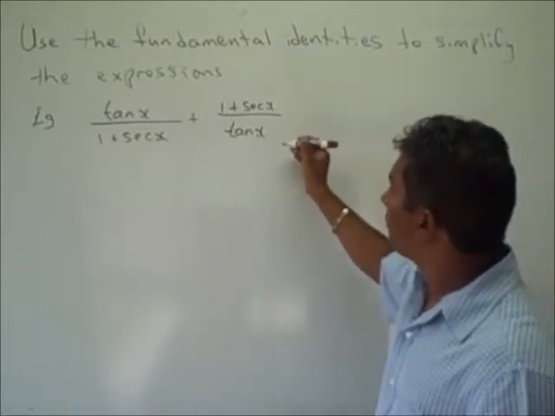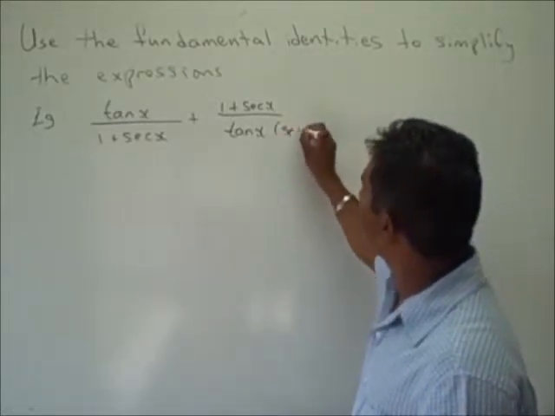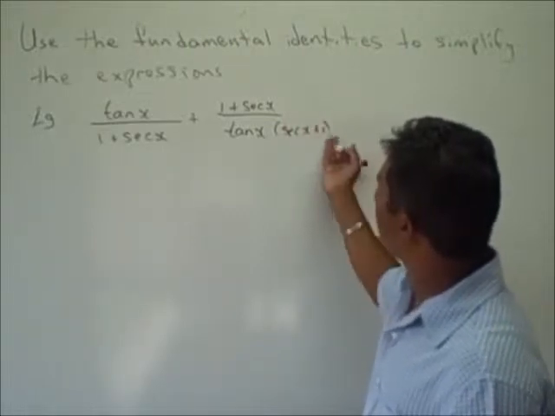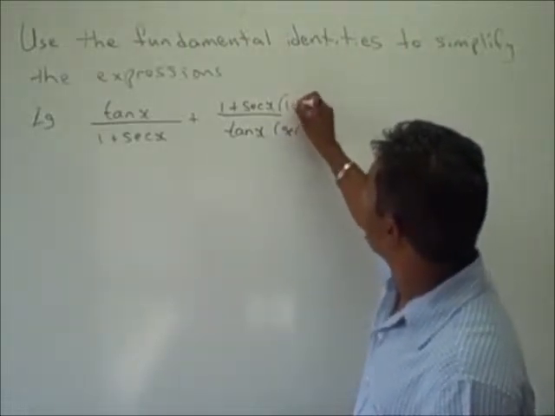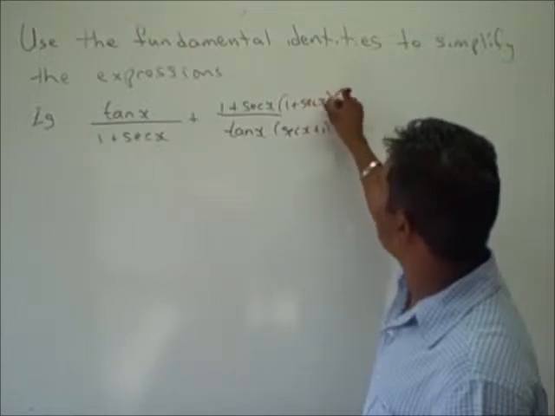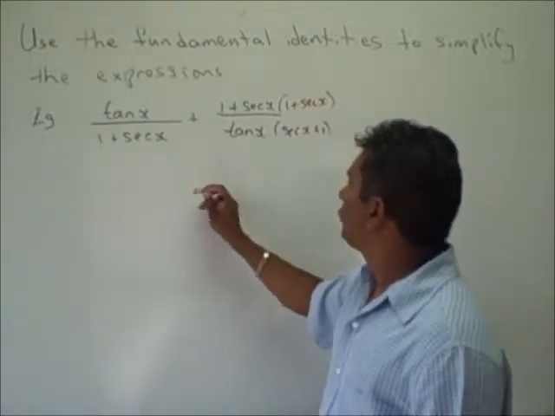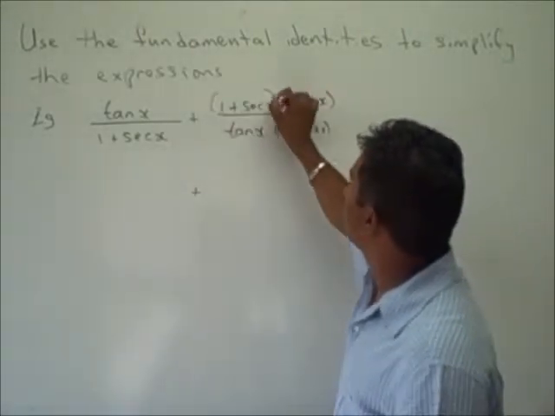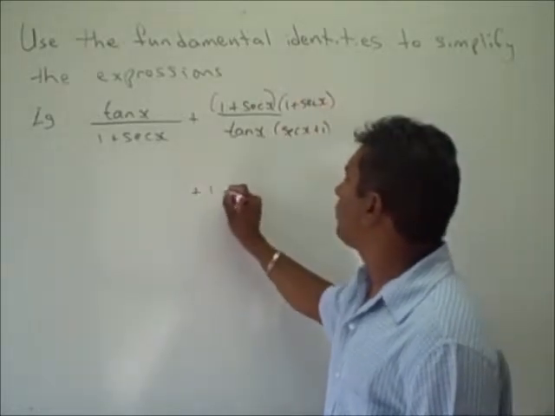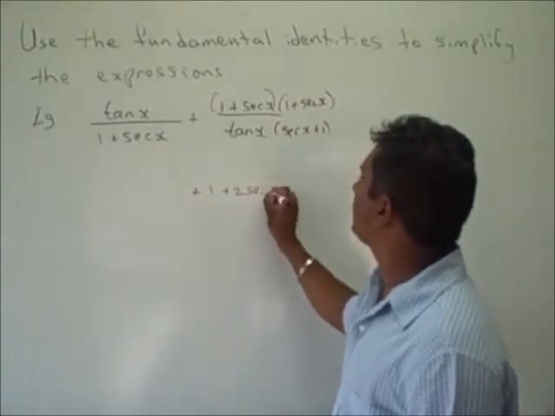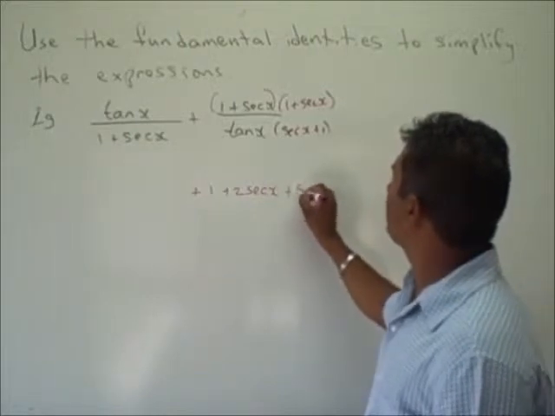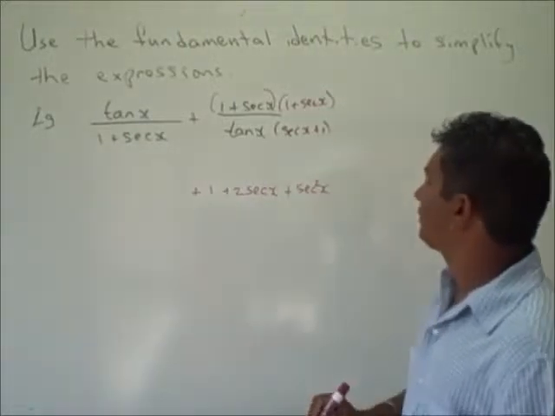To make the denominator the same, we can multiply this one by secant x plus 1, or 1 plus secant x, and this is 1 plus secant x. If we simplify this or use our distributive property, this becomes 1 plus 2 secant x plus secant squared x.